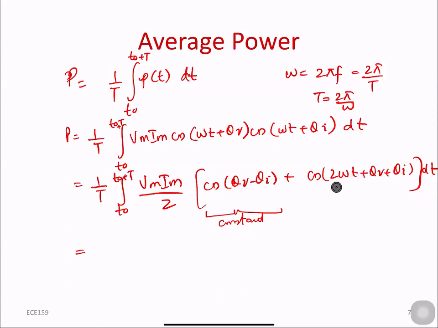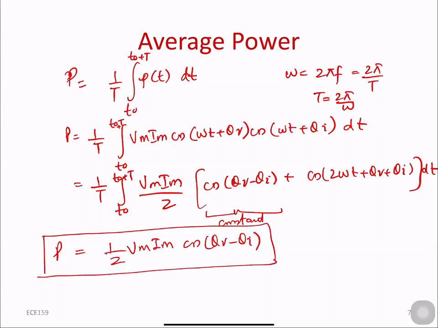The average for the sinusoidal is going to be 0 over its period, because the positive and the negative cycles are going to cancel out. So the power is going to be 0 for this term. So we will only take the constant term, and we can write this as half Vm Im cos of theta v minus theta i. Interestingly, it is not dependent on time. It just gives us one value for the average power.